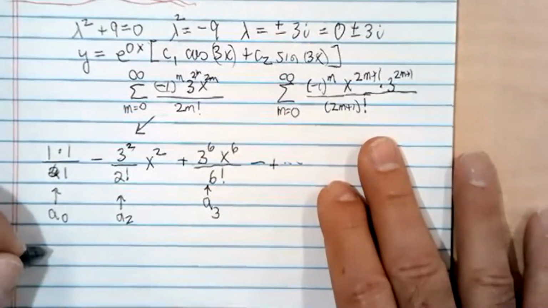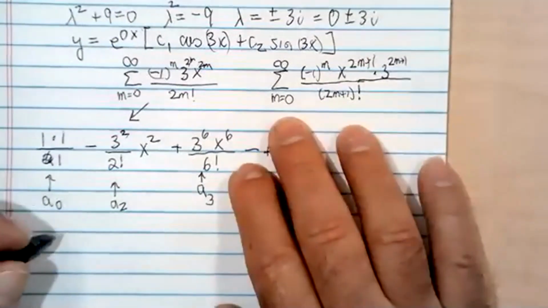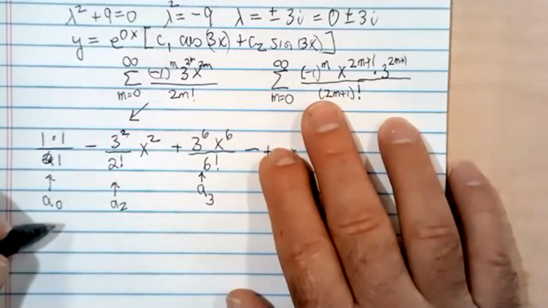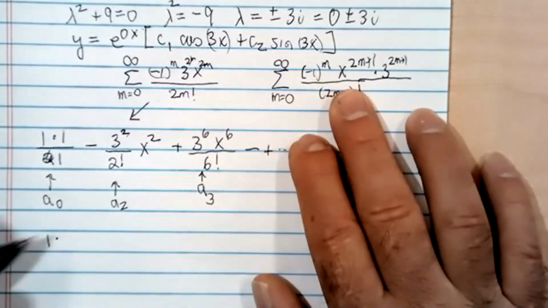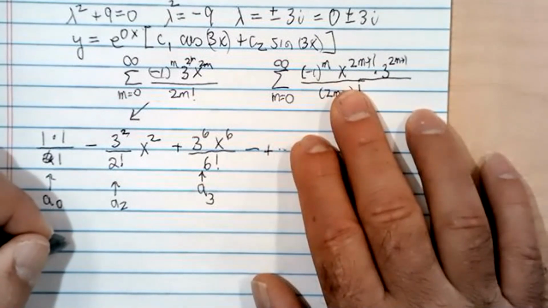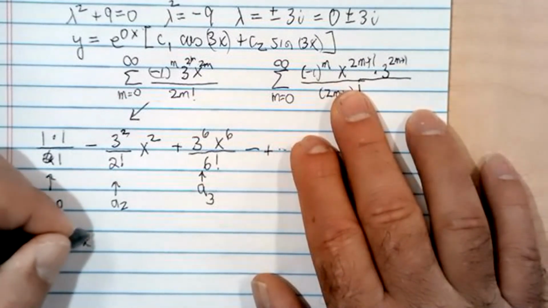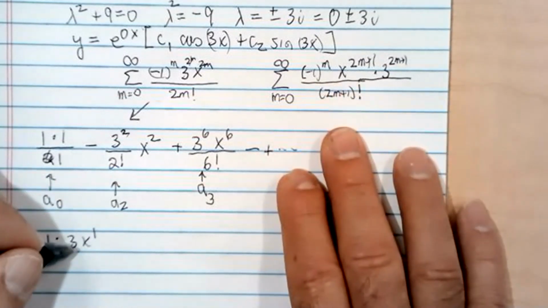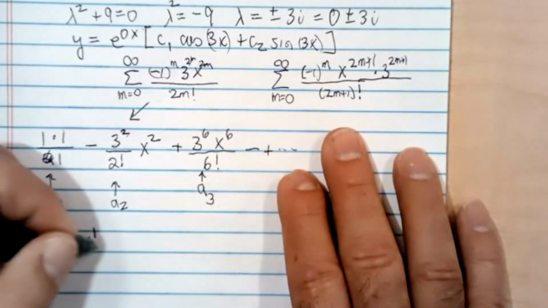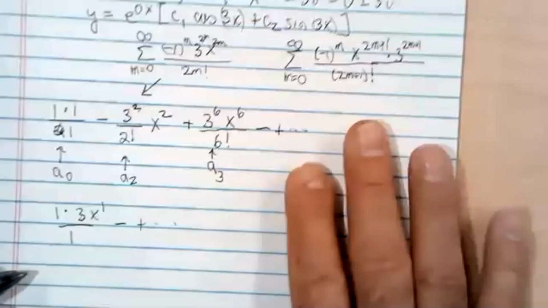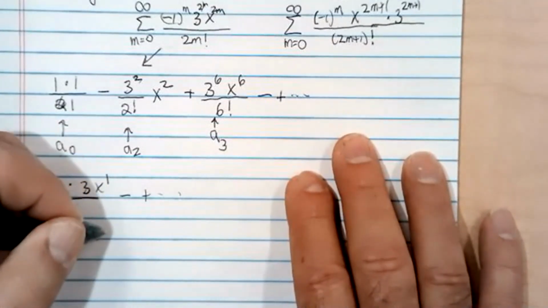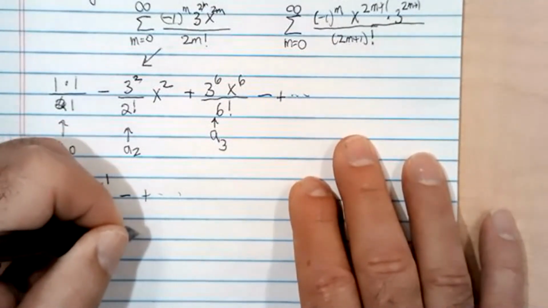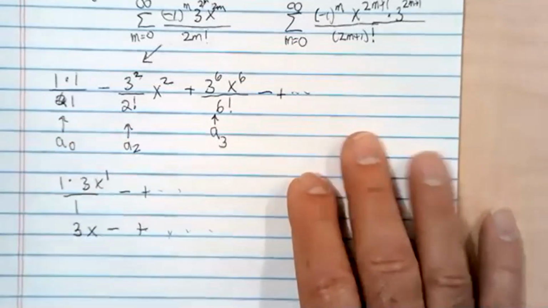The other one is going to start out like this. When m is 0, that's going to give me a 1 times x to the 1 times 3 over 1 factorial. So minus, plus, something or other. But the point is, you want this one to look like this: 3x minus something plus something, and so on.